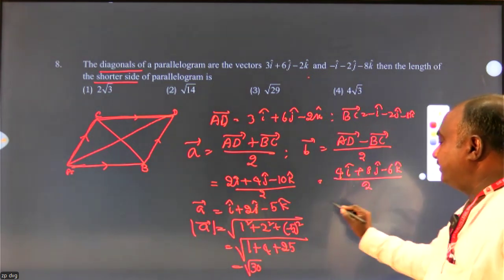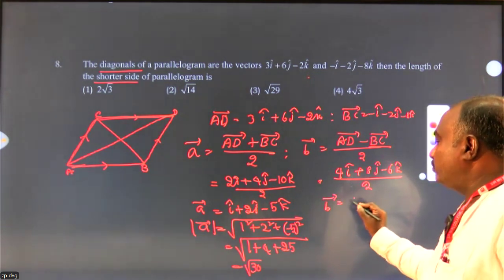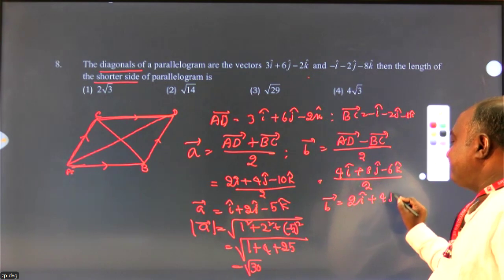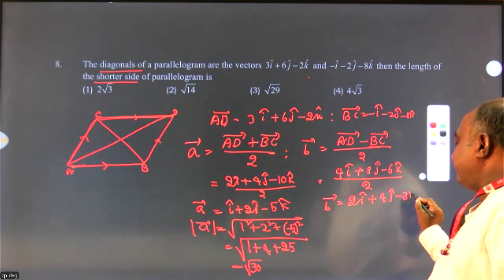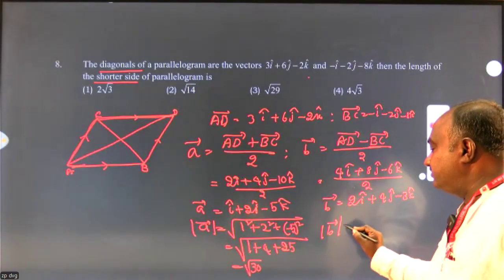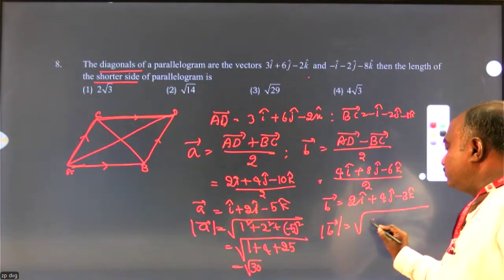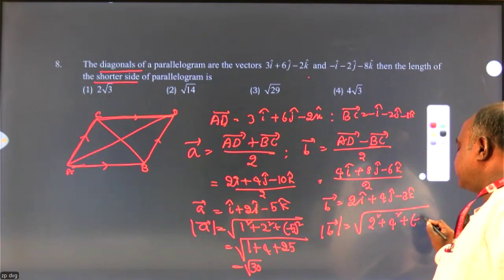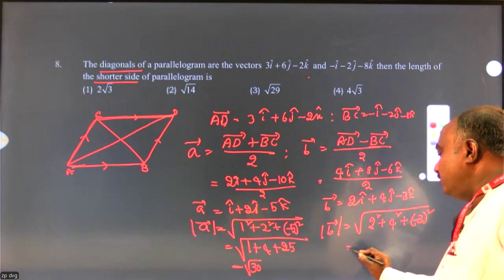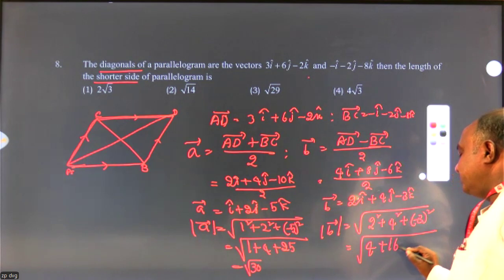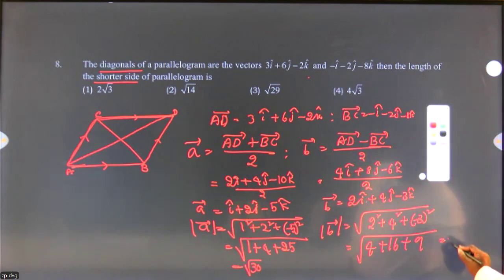Now finally B bar is 2i plus 4j plus 3k. Therefore the modulus of B bar is root of 2 square plus 4 square plus 3 square. 2 square is 4, 4 square is 16, 3 square is 9. The answer is root 29.